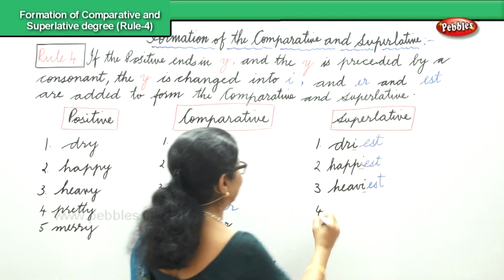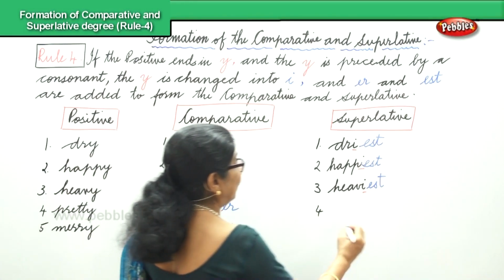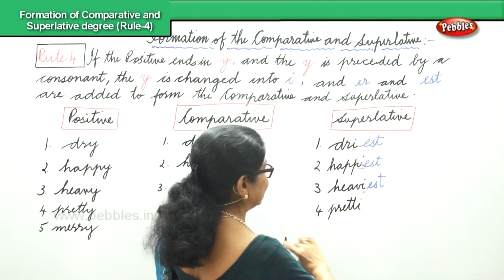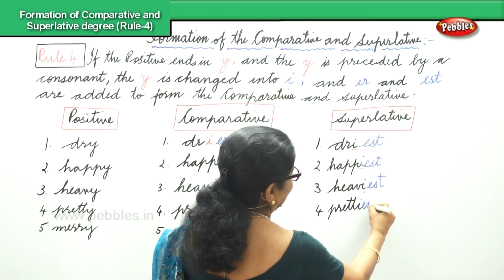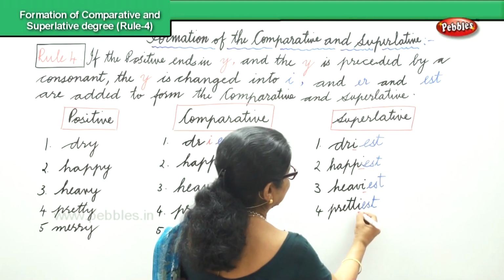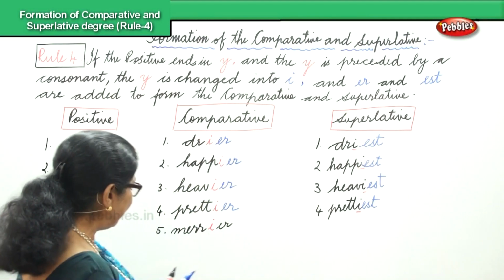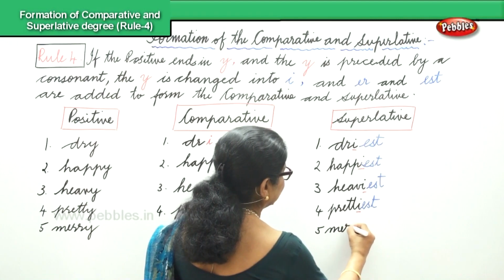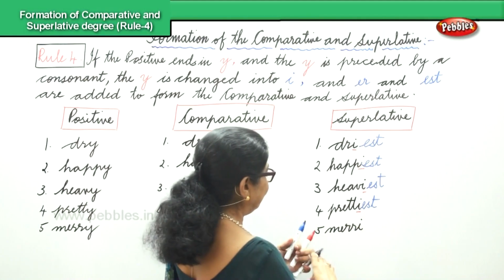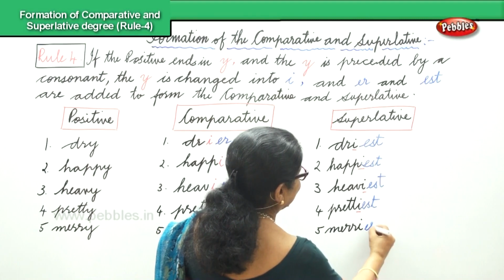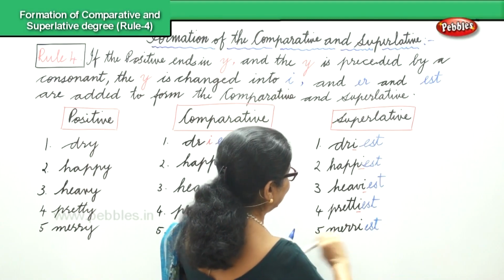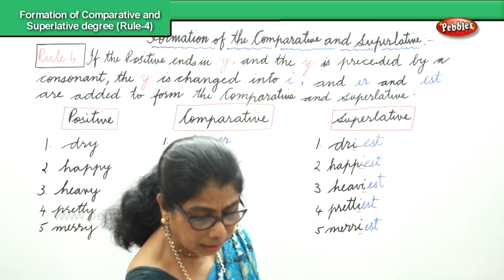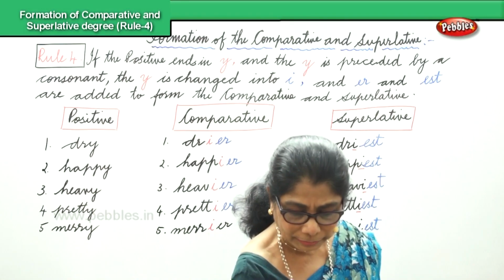And the fourth one we have is prettier. So, prettiest. I, EST. And finally, we have merrier. Finally, we have merriest. And again here, the Y is changed into I. So, in this, we have learned to form the comparative and superlative.